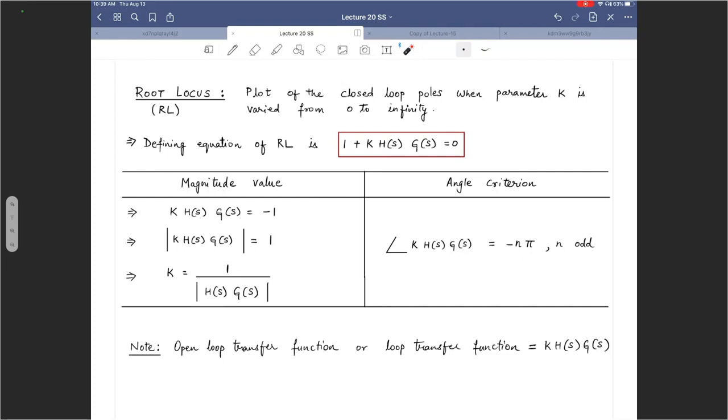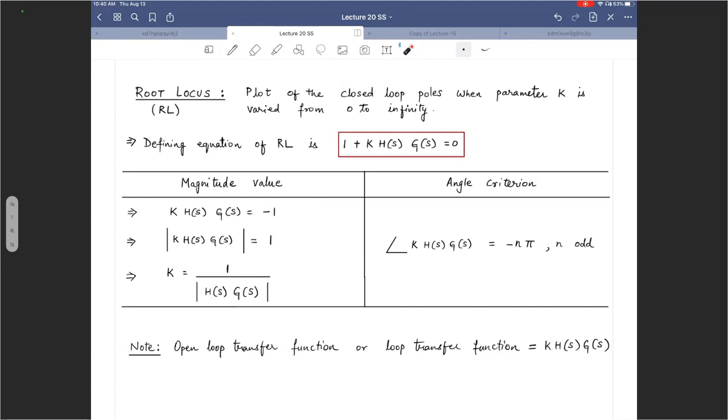So if n is an odd integer, for example, -pi, -3 pi, -5 pi, and so on, you are going to end up with 1 plus k h of s g of s equals 0. So in fact, we can leverage the angle criteria to find the root locus, and that's what we will be doing today.